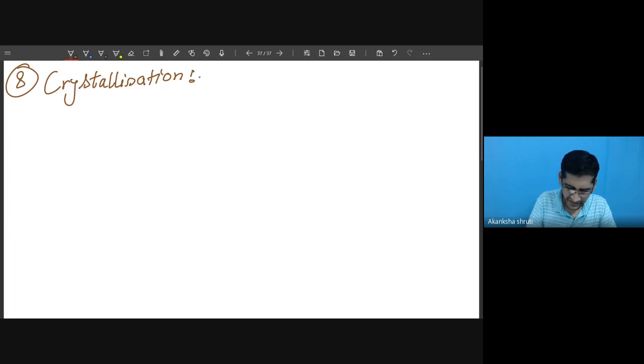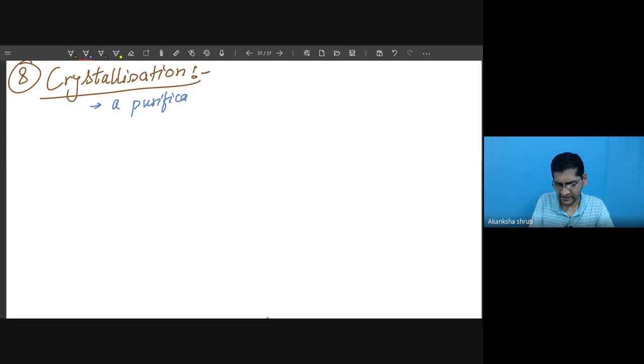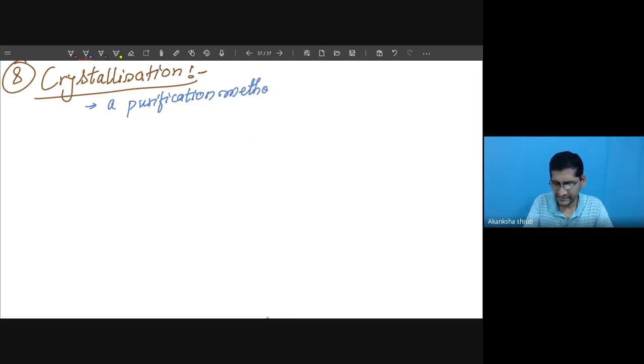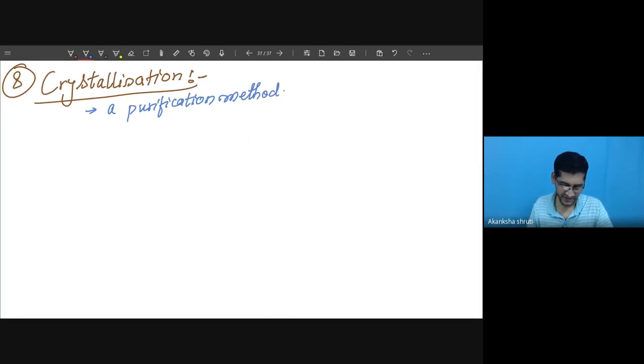Students, crystallization is basically a method to purify. This is basically a purification method. Purification method means what?